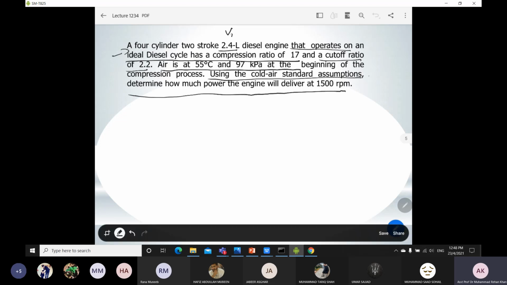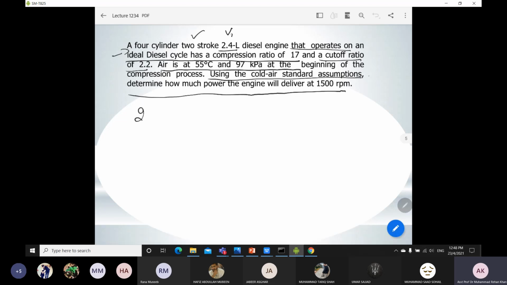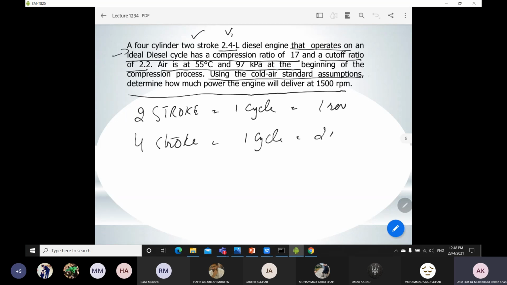Okay, so here the important point is that it is mentioned two-stroke diesel engine. If you remember, in lecture number 9, I think I mentioned that in two-stroke, one cycle is equal to one revolution of your crankshaft, and in four-stroke, one cycle produces two revolutions.